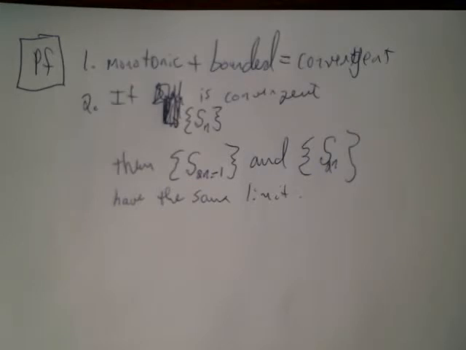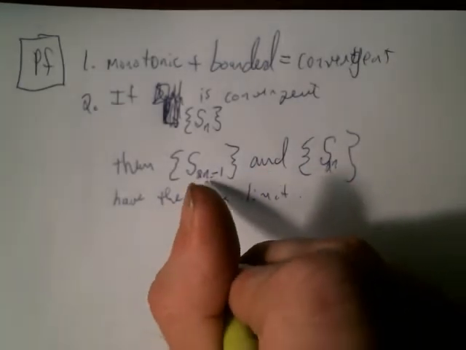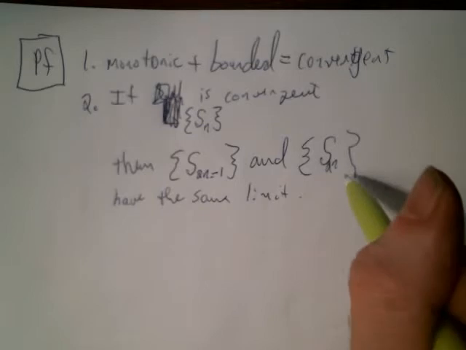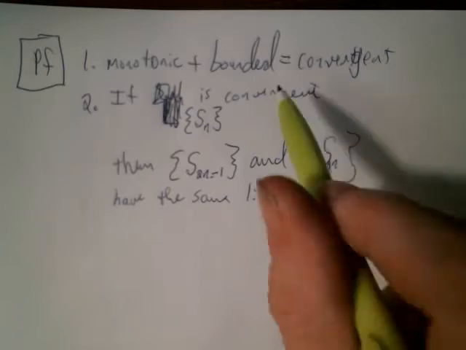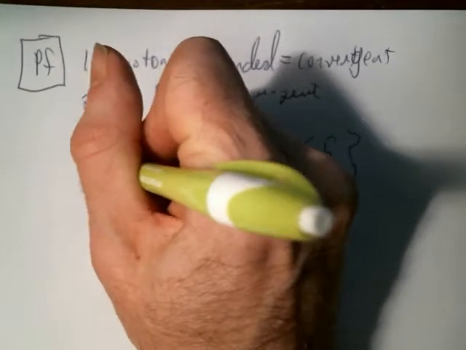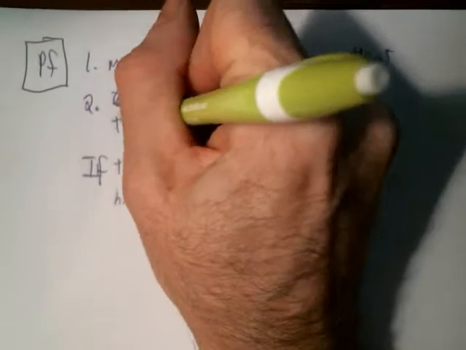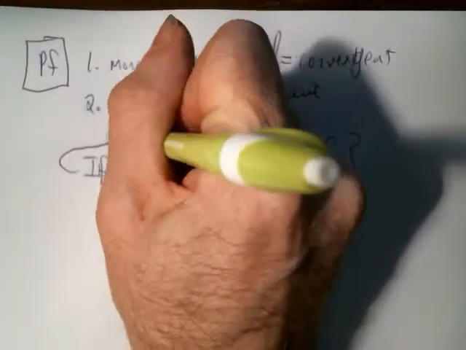I think the proof, though, uses it the other way around. If the sequence of even terms and the sequence of odd terms have the same limit, that implies it's convergent. So it's more like if this holds, then this holds. So I'm really using it in that direction.